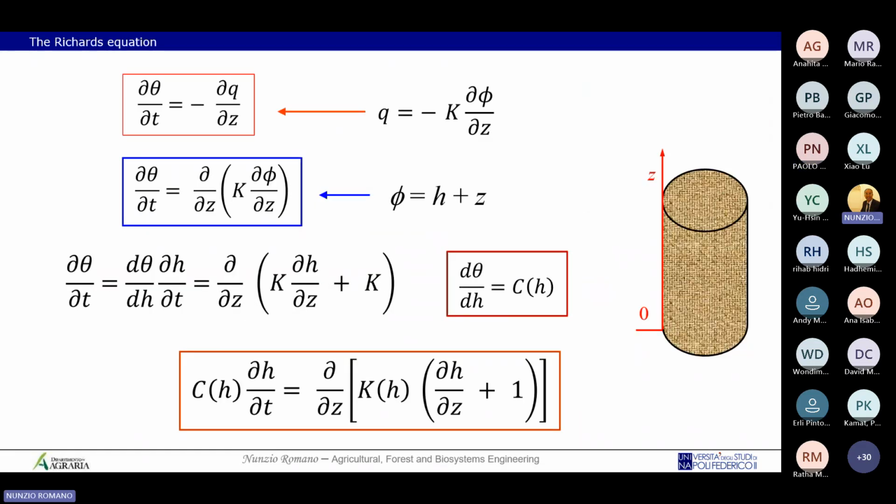Why Q is negative in Darcy's equation is only a matter of agreement, a convention, because the flow of water is opposite to the direction of the cross-sectional area.